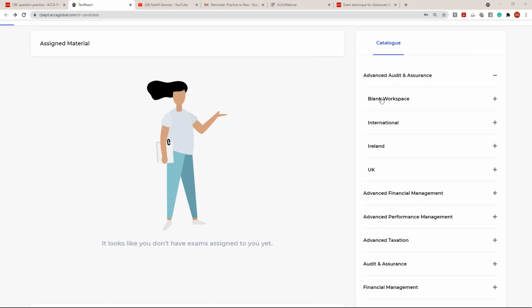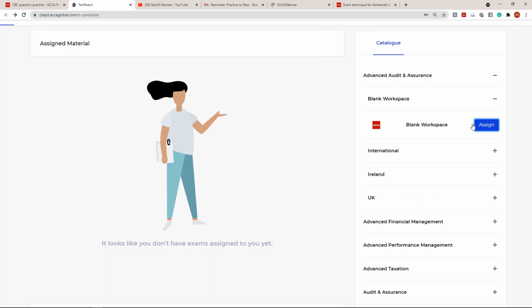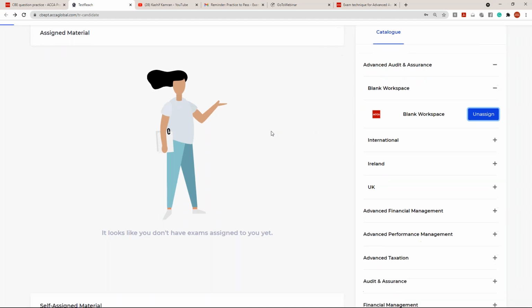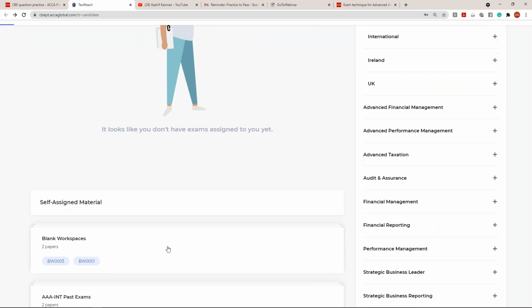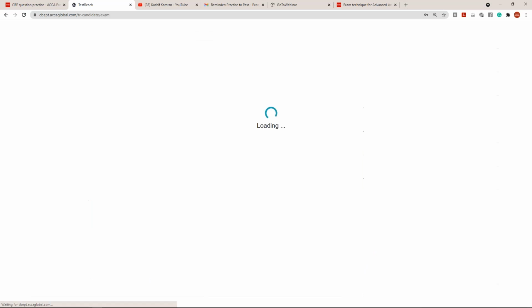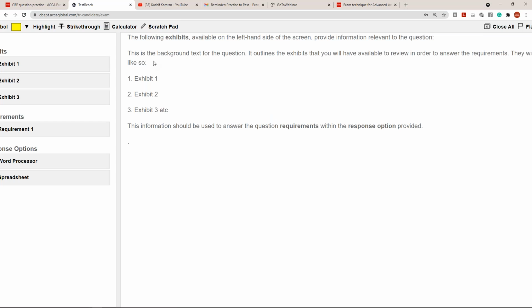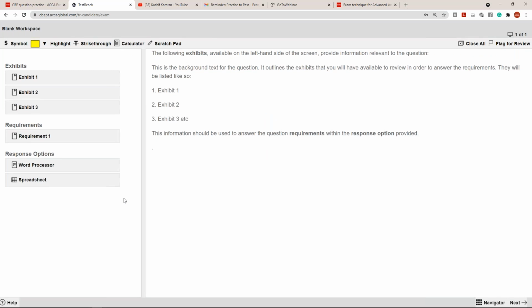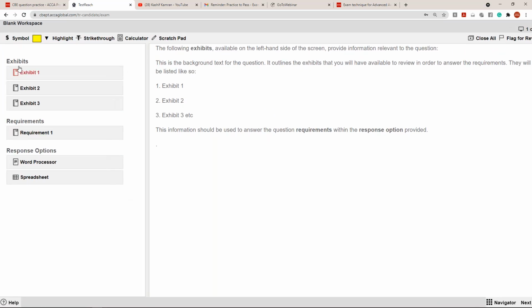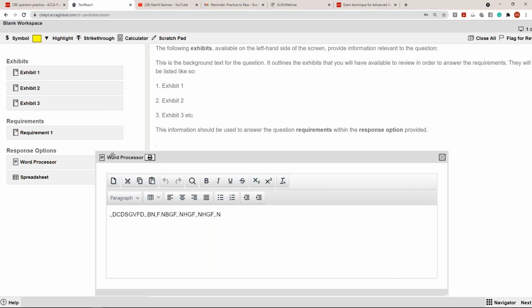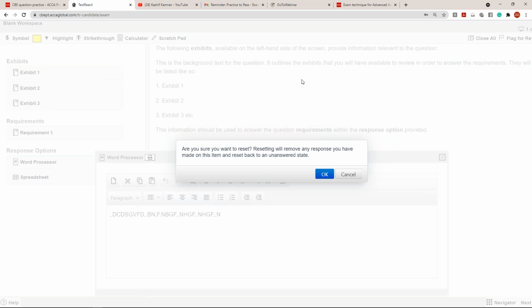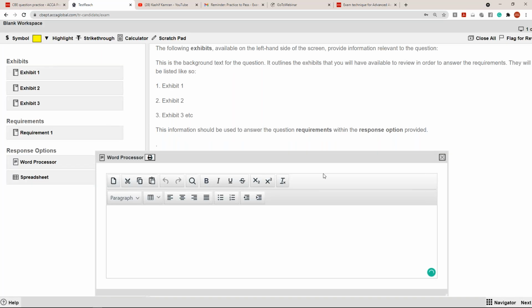You click on this blank workspace and press the button to assign the blank workspace. When you assign it, it will be assigned on the left side. You say resume, so you come to the blank workspace. Now in the blank workspace, everything is blank, everything is dummy. Can you see the word processor option? You will write your answer in this option. Is that clear, Fatima?